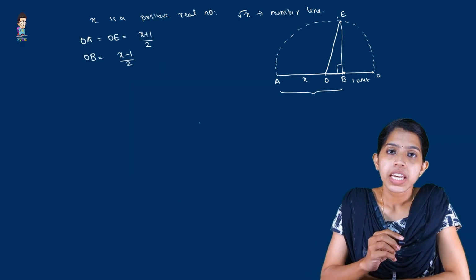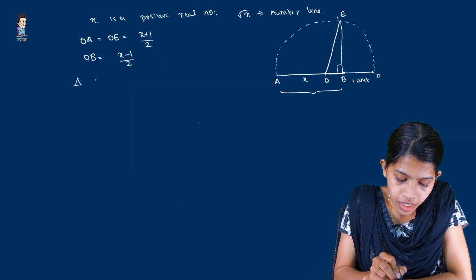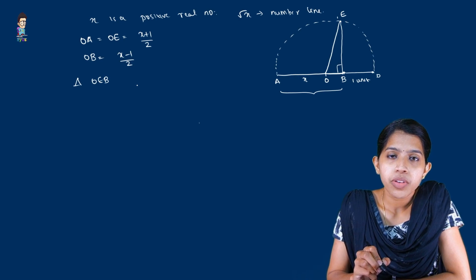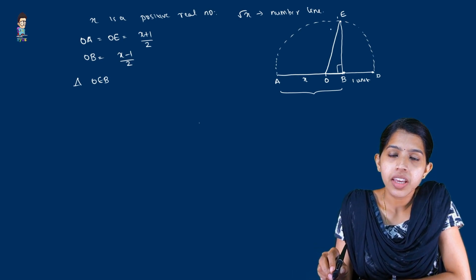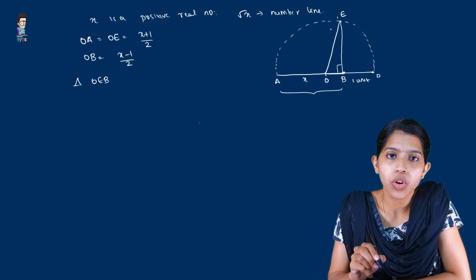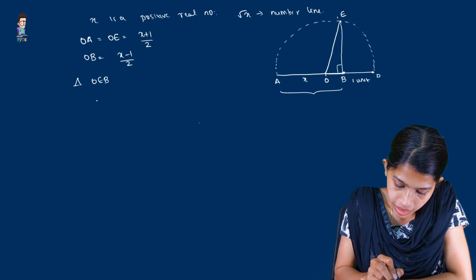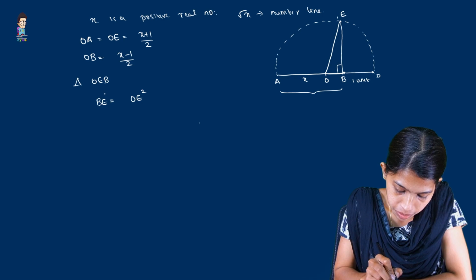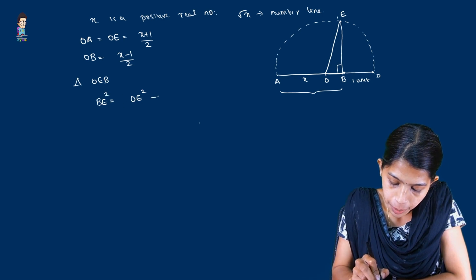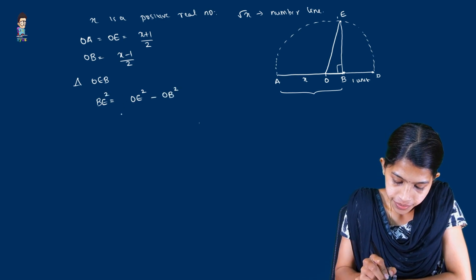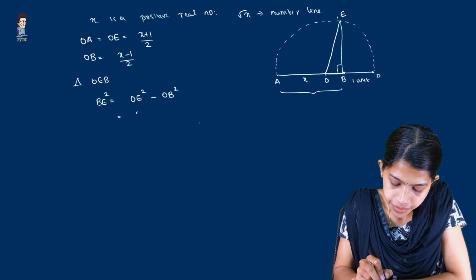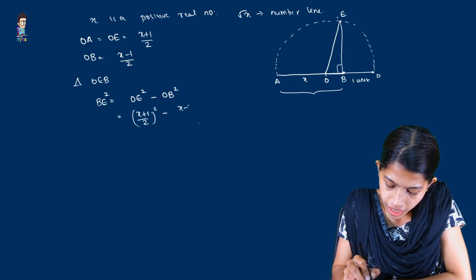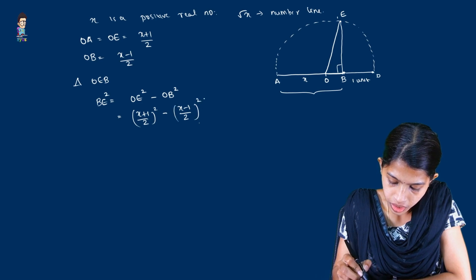So, this is equal to (2x minus x minus 1) divided by 2, which is equal to (x minus 1) by 2. Since our triangle OEB is a right angled triangle, we will use Pythagoras theorem to find BE. That is, BE square is equal to OE square minus OB square, which is equal to, what is OE? ((x plus 1) by 2) the whole square minus ((x minus 1) by 2) the whole square.